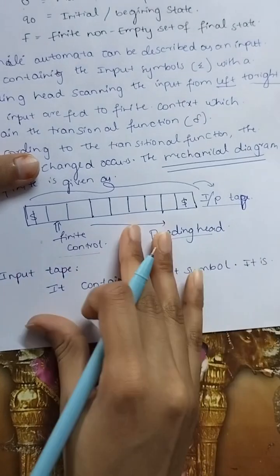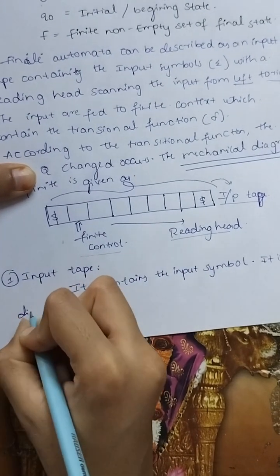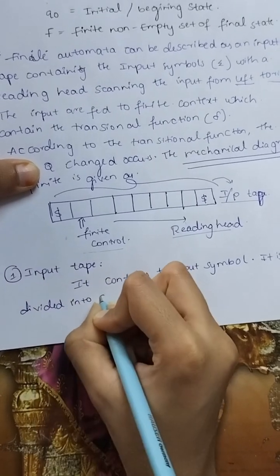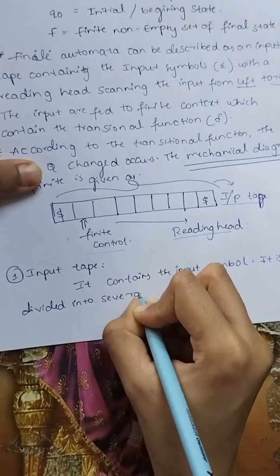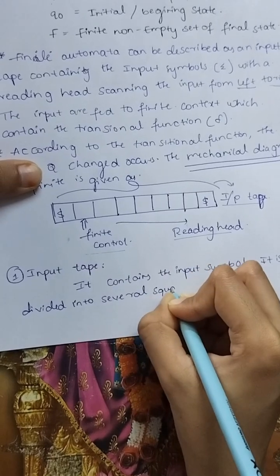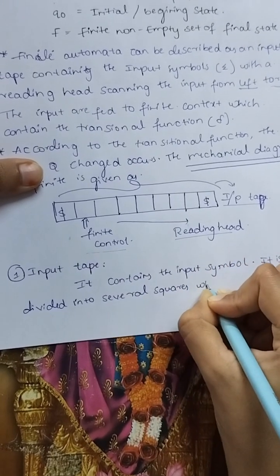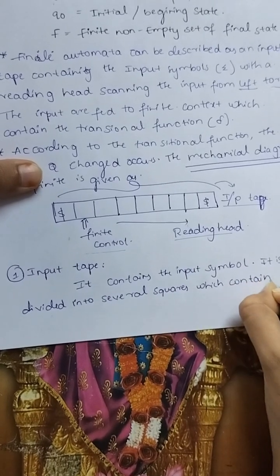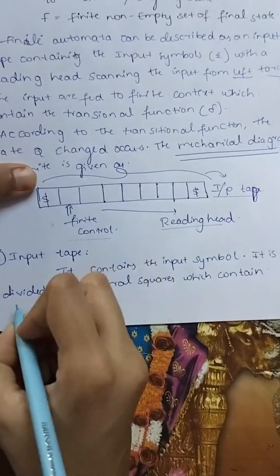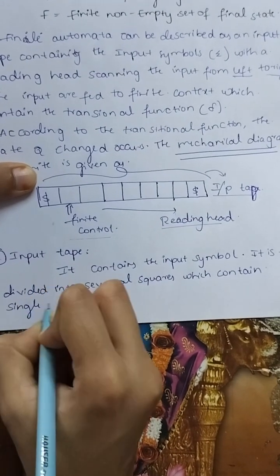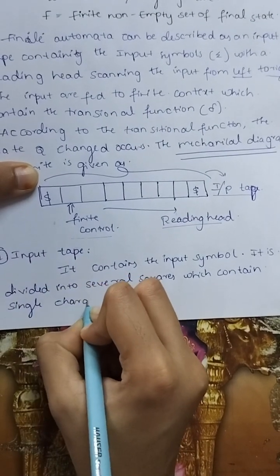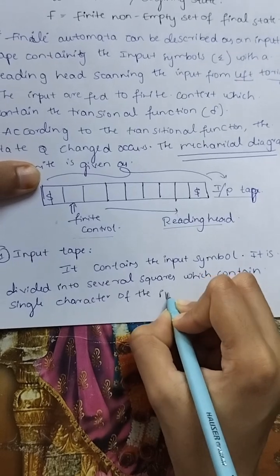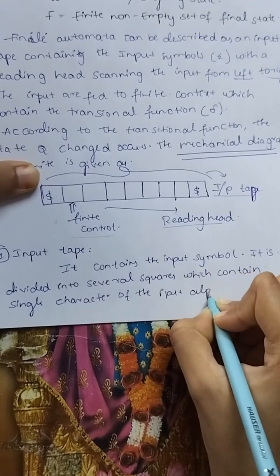It is divided into several squares which contain a single character of the input alphabet.